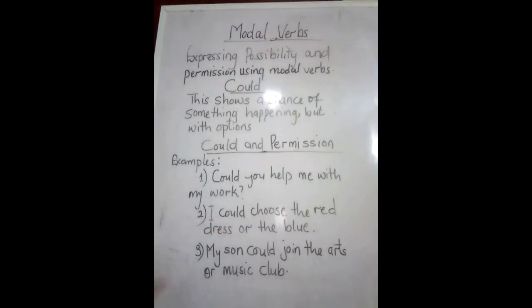When we say expressing permission, it refers to asking for permission or granting permission. Alright, so here are some examples that we're going to look at. Before I go on, let me quickly mention that could in the use of expressing permission focuses on what has options more than when it is used for expressing possibility.